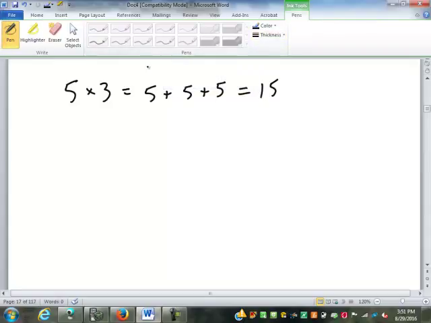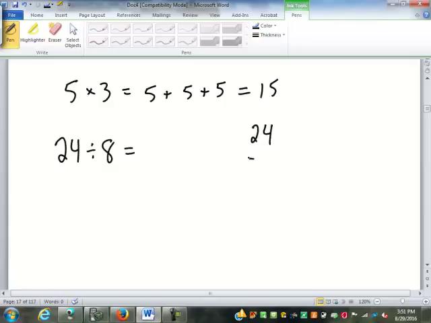Now, I had mentioned earlier that multiplication and division are the same operation, just one is going forward and one's going in reverse. So if multiplication is repeated addition, it makes sense that division would be repeated subtraction. 24 divided by 8 is asking, how many times can I subtract 8 from 24?